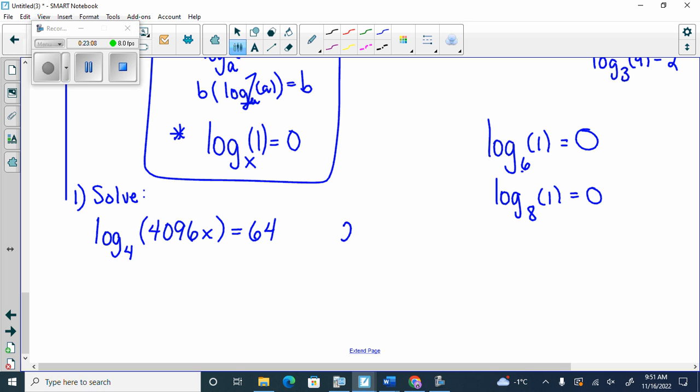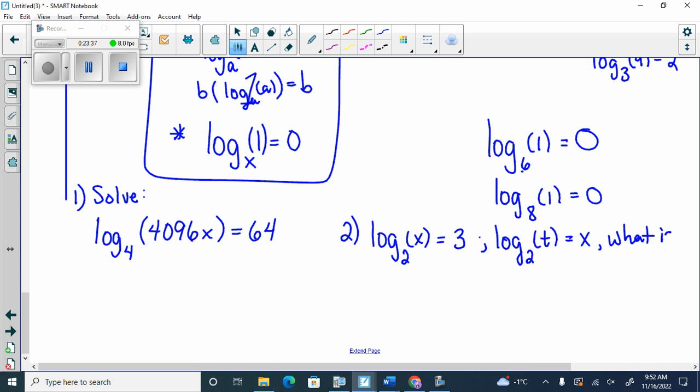Number 2: if I give you log base 2 of x equals 3, and log base 2 of t equals x, what is the value of x? Or, sorry, what is the value of t?